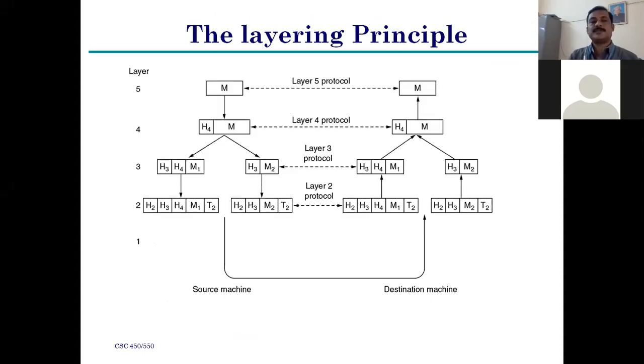Based upon the layering principle, the message or packet information must have an address. The packet is available at layer 5, the application layer, and goes from the application layer to the next layer.